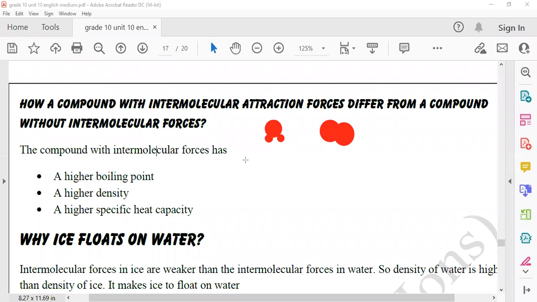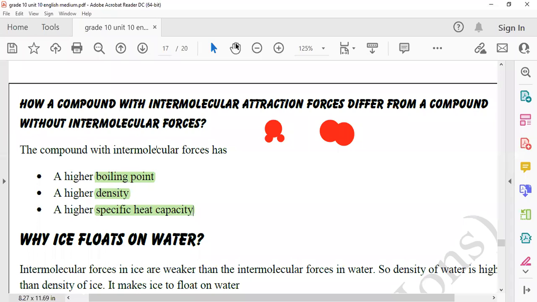Water molecule is a small molecule; oxygen molecule is a large molecule. But if you take the properties of water molecule, boiling point, density, specific heat capacity, they are very high for water molecule.